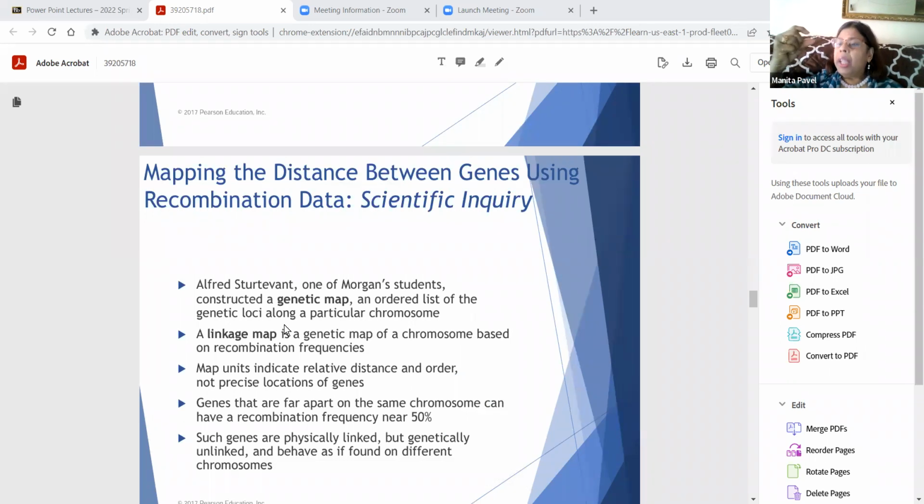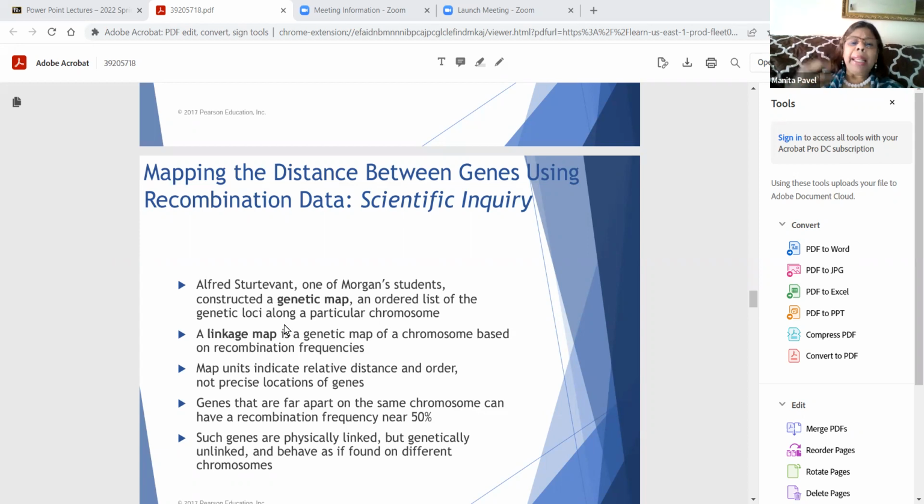What is a locus? It is the location or the position of a gene on a chromosome. So we've seen that there are hundreds of thousands of genes on a chromosome. And geneticists, as I mentioned earlier, do not know the exact number of genes present on a chromosome.